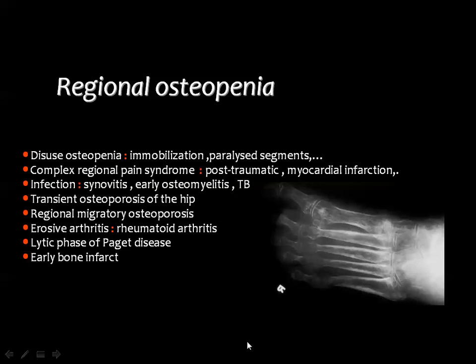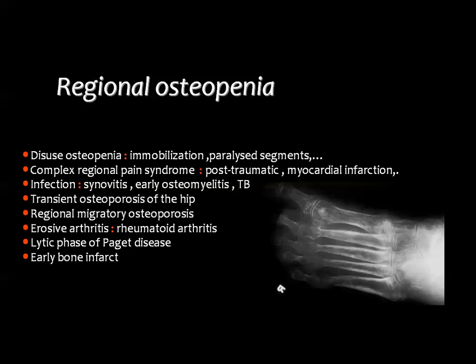Then we come to osteopenia or regional osteoporosis, and this may be the sequela of immobilization or paralysis, or the sequela of this syndrome known as complex regional pain syndrome or reflex sympathetic dystrophy or Sudeck atrophy.